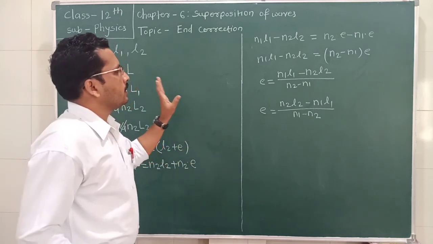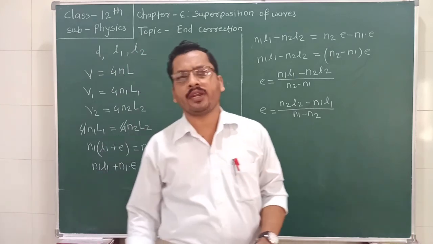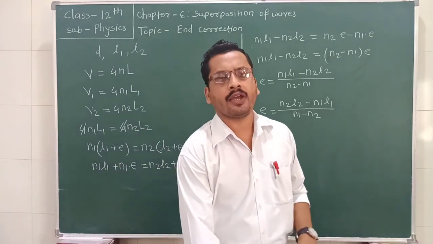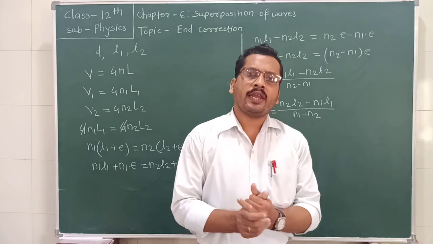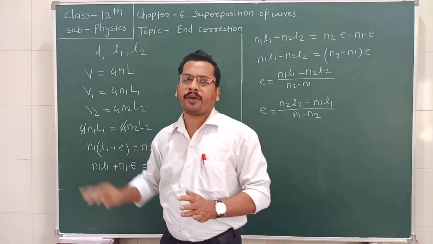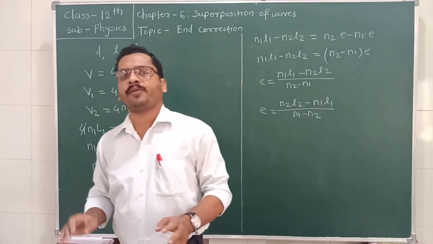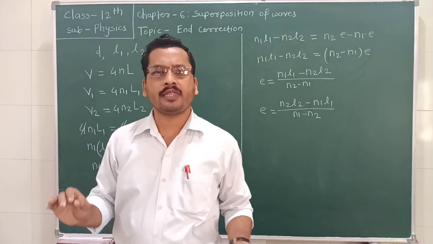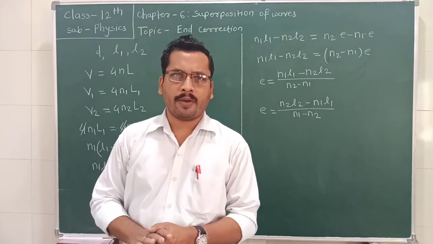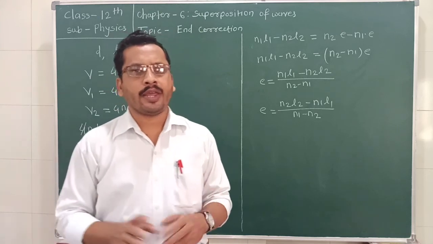So this is all about the end correction, determination of end correction practically. Okay, otherwise we can use a simple formula for end correction. If we know the diameter of the pipe, end correction is equal to 0.3 multiplied by D, if D is the inner diameter of the pipe. Okay, so this is for today. Have a good day. Bye.